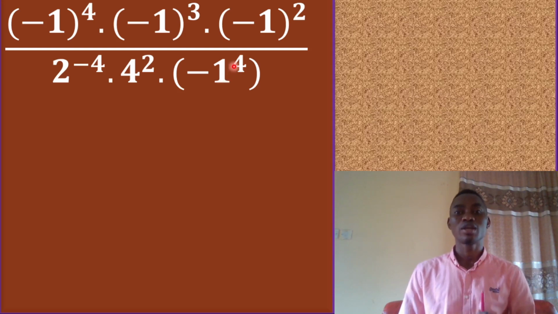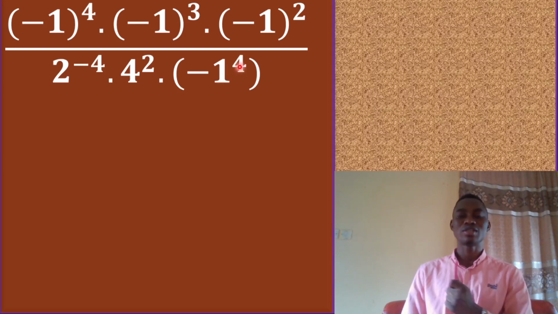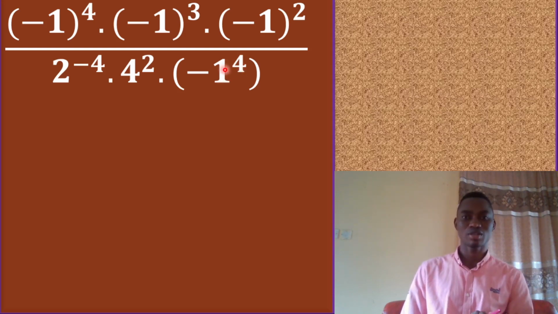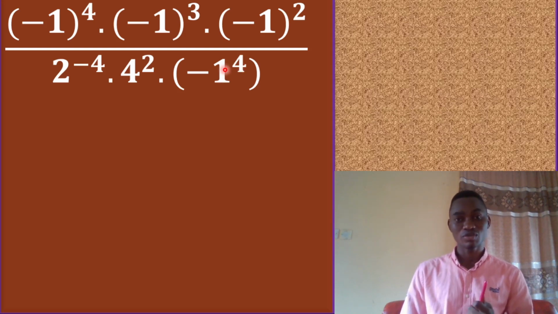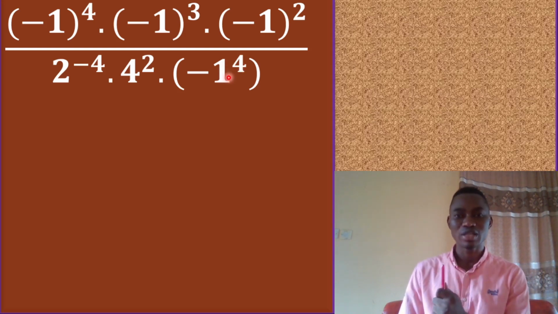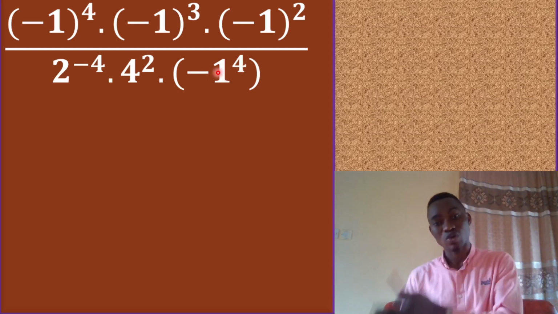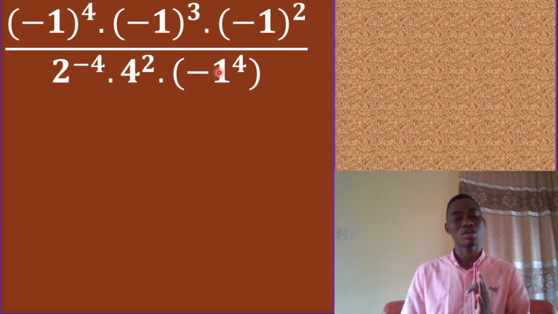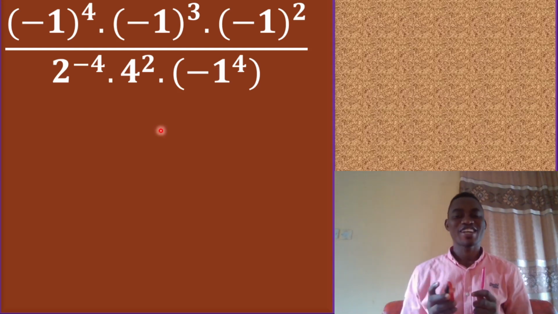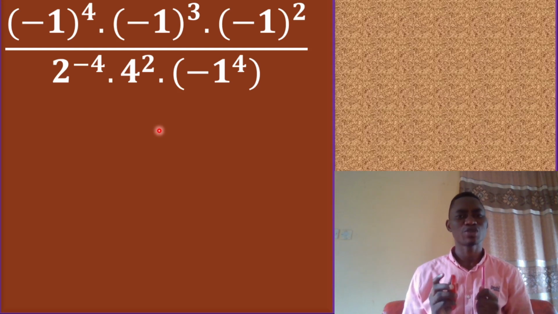Why? The power is inside the bracket. Is that clear? So what happens here is this: 1 power 4 returns 1. Then 1 times minus 1, or minus 1 times 1, is also minus 1. All right. Having made these clarifications, let's look at the result.